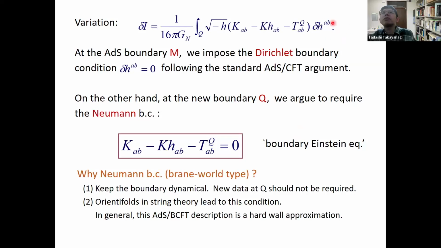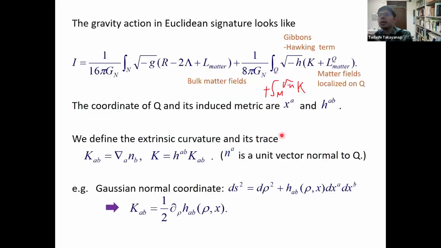That means there are two possibilities. Delta h equals 0 is the usual Dirichlet boundary condition, the usual AdS/CFT argument, where the metric is fixed at the usual AdS boundary. But we don't want to do this, because Q is a dynamical, vibrating brane. So we use the other boundary condition, where the first term is zero. This is the Neumann boundary condition.